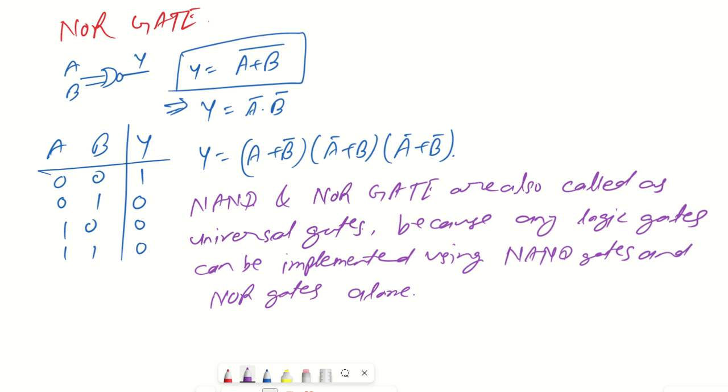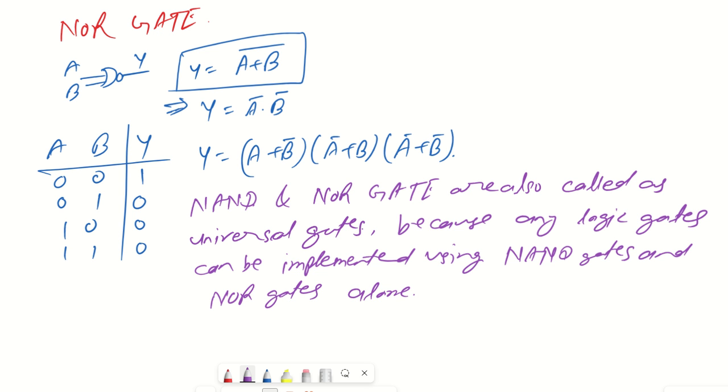So only by using your NAND gate or only by using your NOR gate you can implement any of the gates, whether it is AND gate, NOR gate, NAND gate, NOT gate, or OR gate. Any gates, you can implement them.